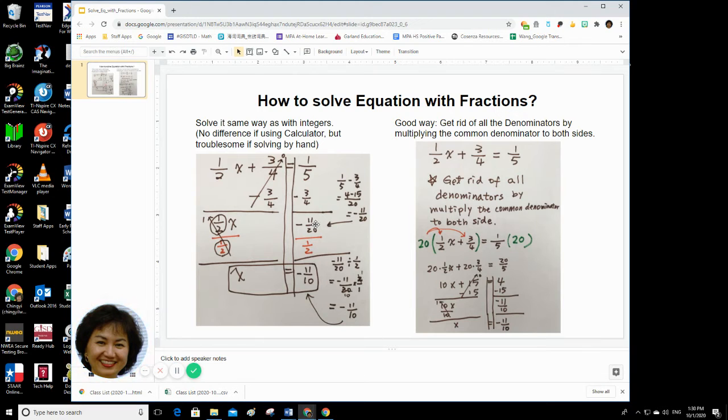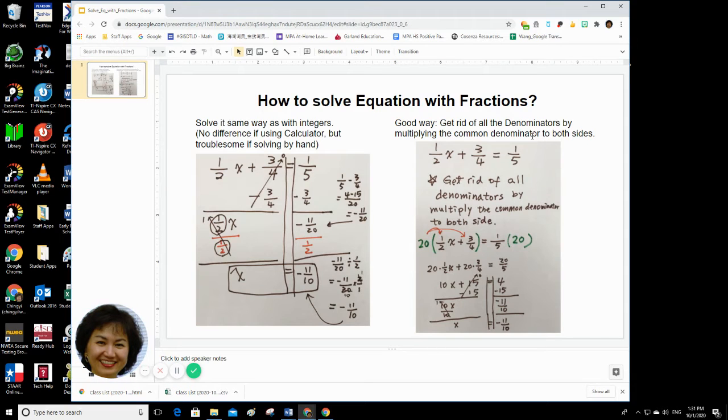However, you can do all this by hand much, much more effectively, like this way. This is a good way to solve equations with fractions. What you have to do is to get rid of all the denominators by multiplying the common denominator to both sides.